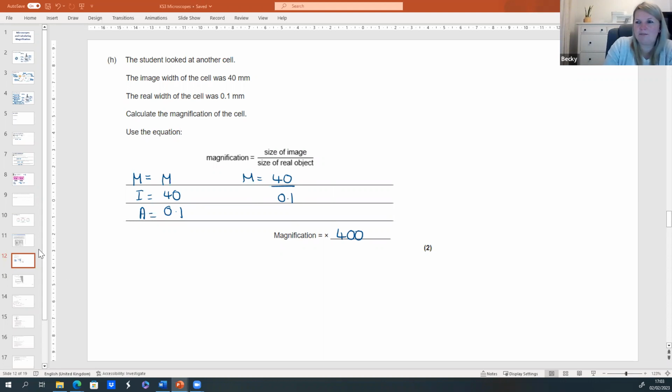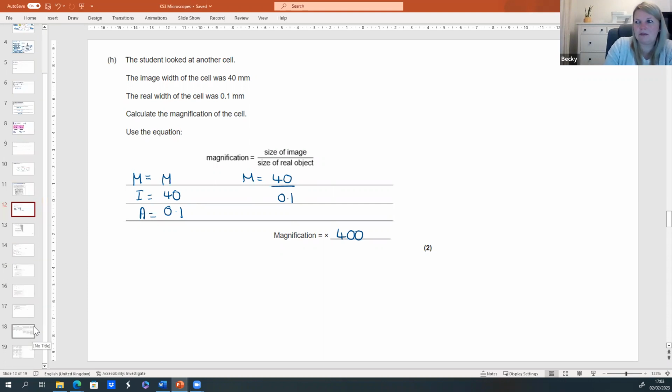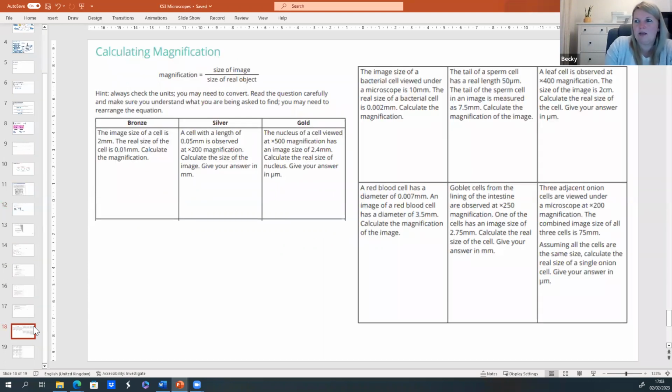Right, I'm going to put this little question grid on. Now all we're going to do, don't get too giddy, because some of them ask you to calculate magnification, some of them ask you to calculate other things. So I'll number them.